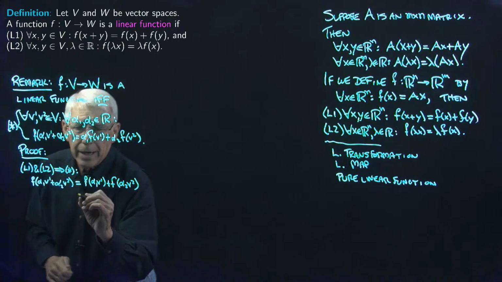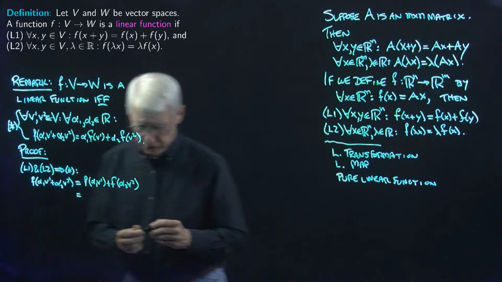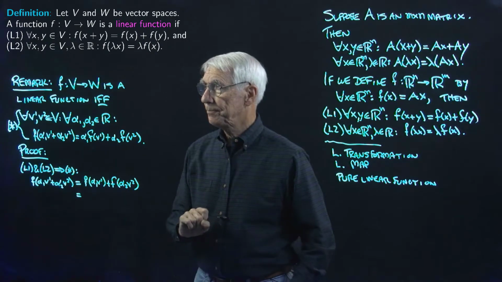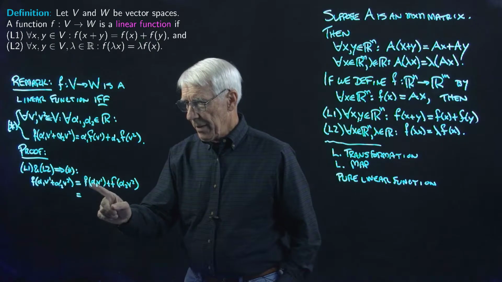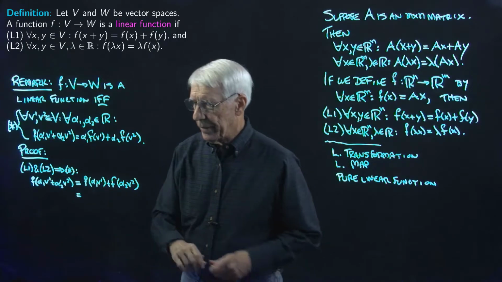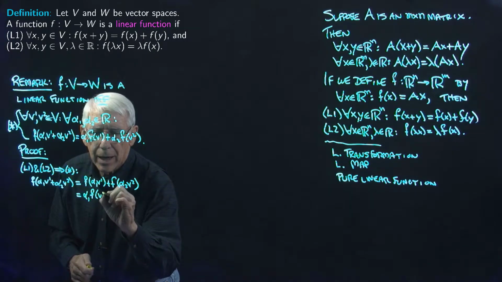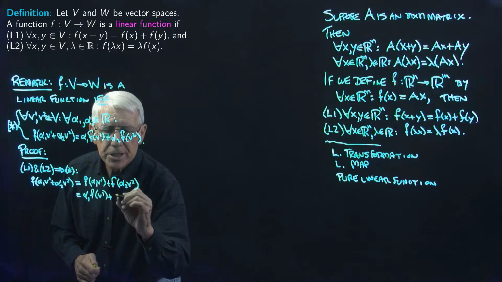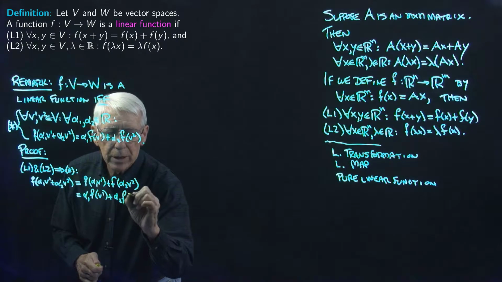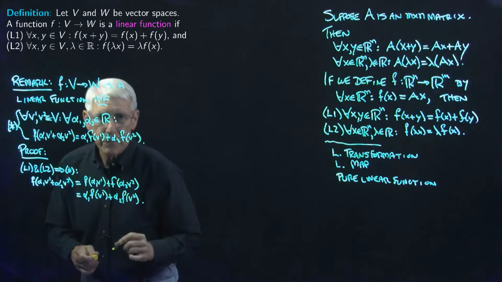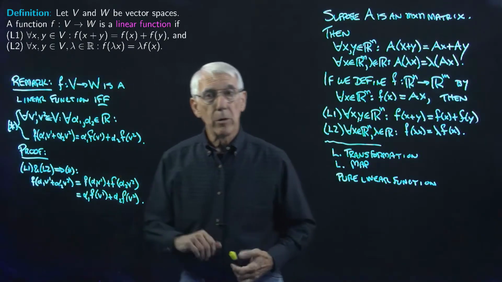And then, of course, L2 in our definition says that f of alpha 1 v1 is alpha 1 f of v1, and this is alpha 2 f of v2, and that's exactly what we wanted to show.